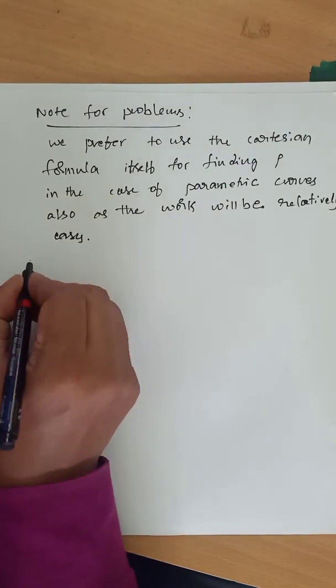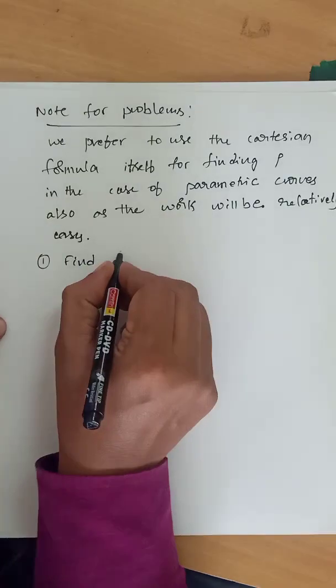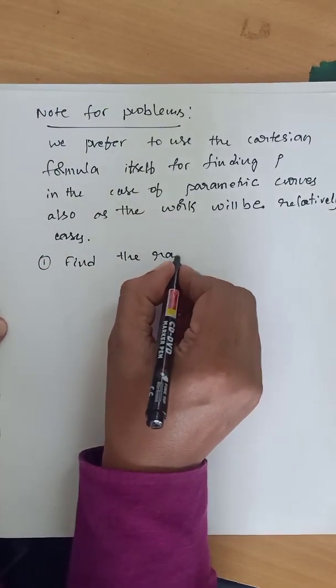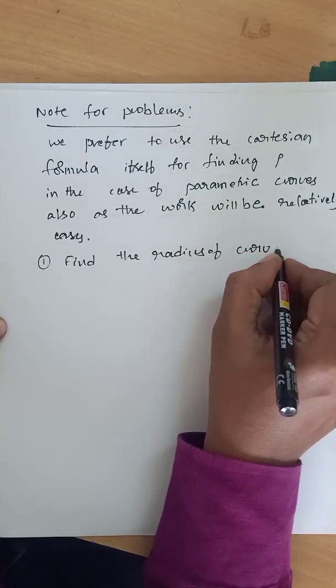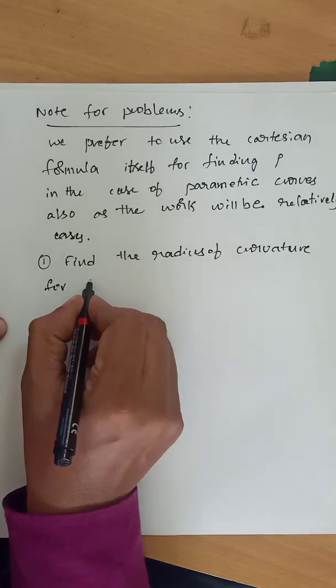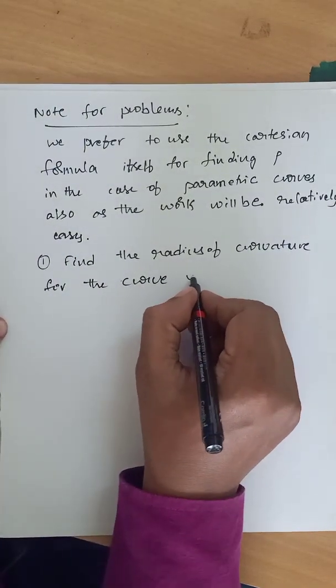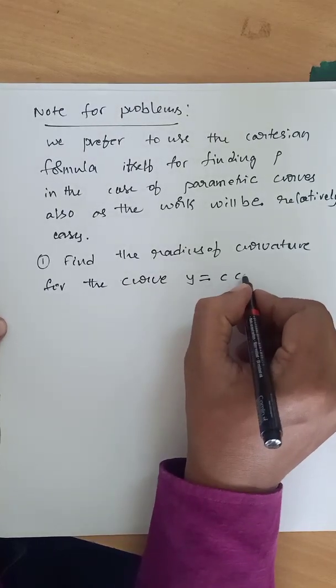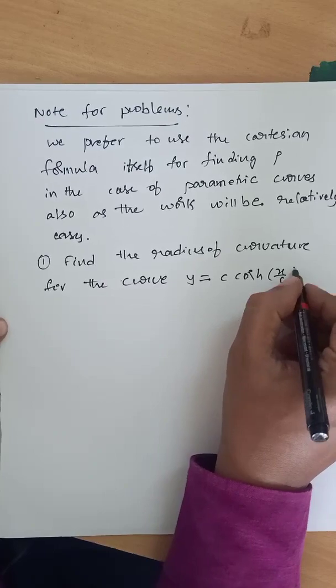Yes, now we are going to discuss the problems. Find the radius of curvature for the curve y is equal to c into cos hyperbolic x by c.